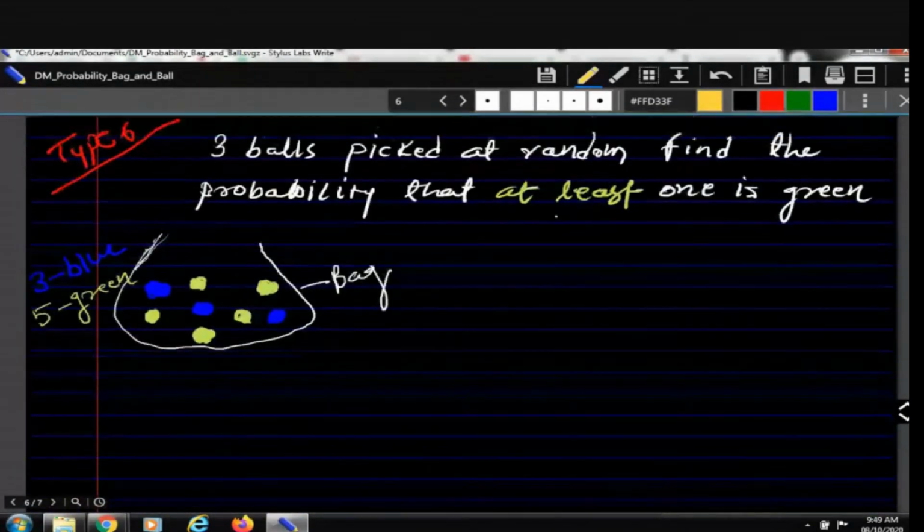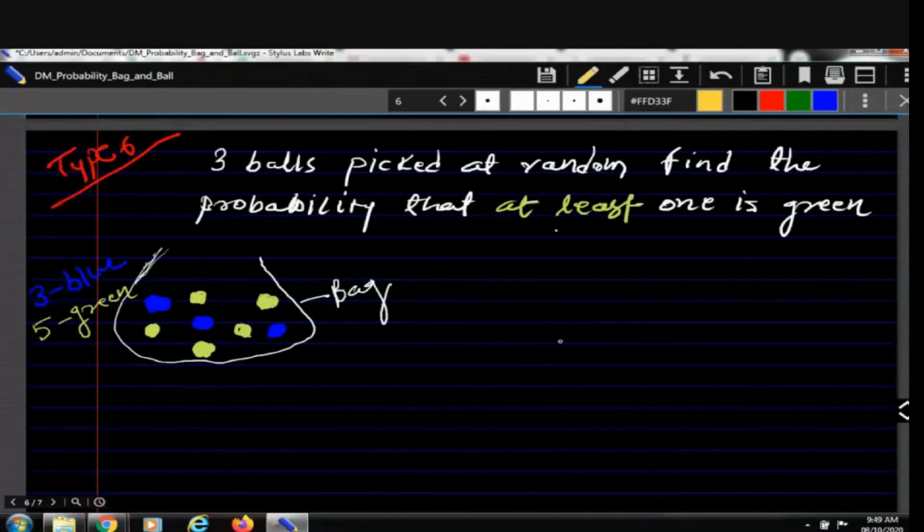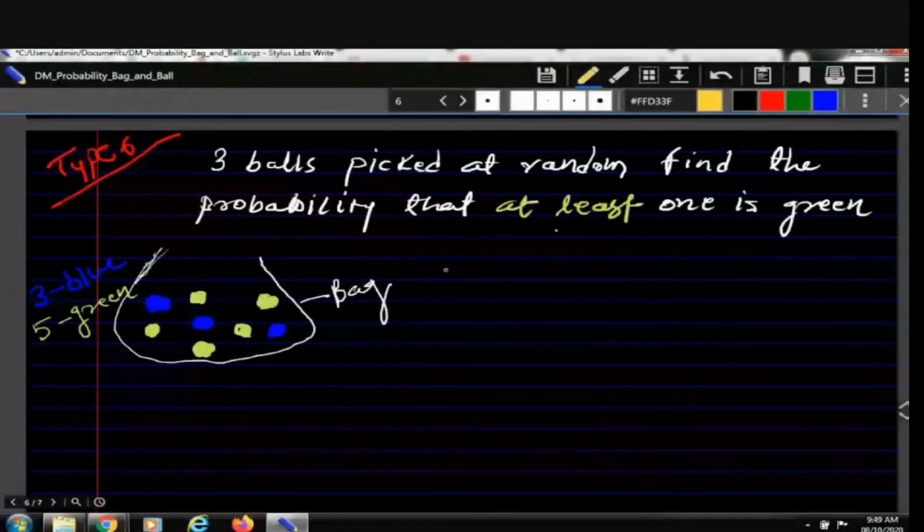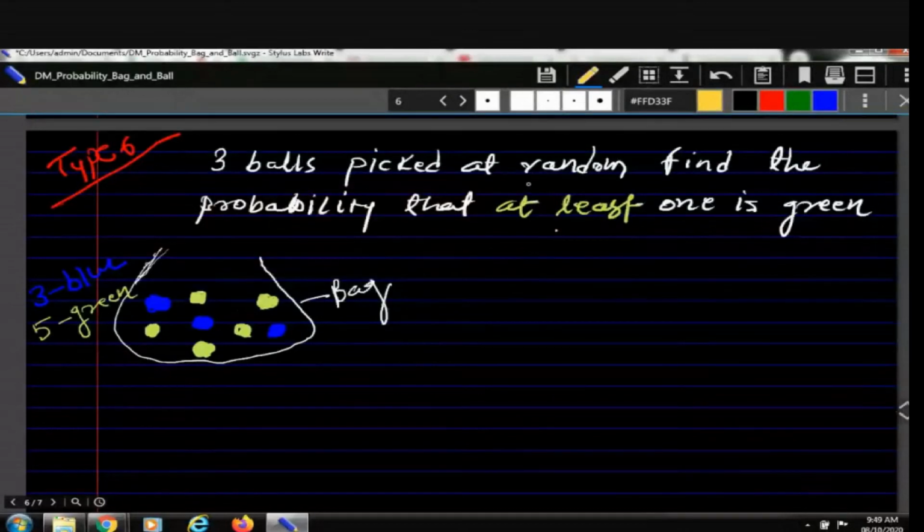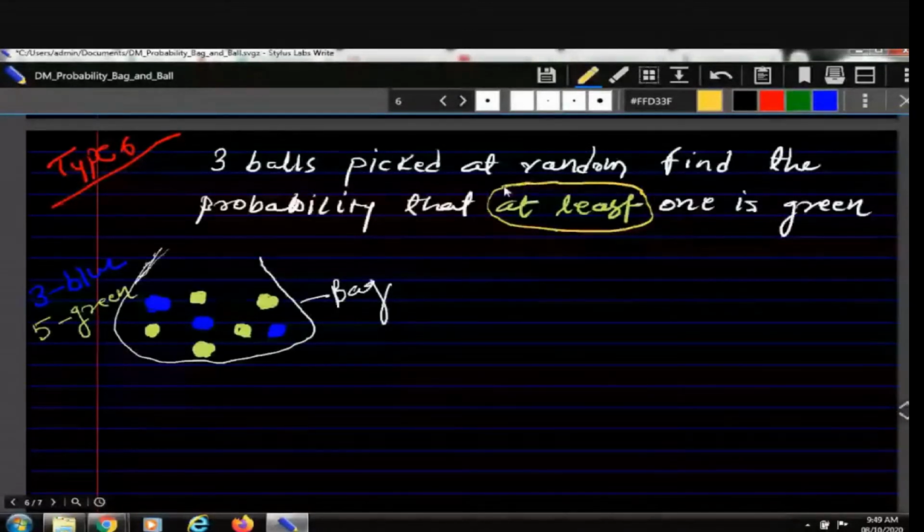Okay, now type 6 and type 7 are somewhat logical problems, not that difficult, maybe simpler, but you need to understand how to solve them. So here there are two kinds of words, "at least" or in some cases "at most". So look at this word and read the problem.